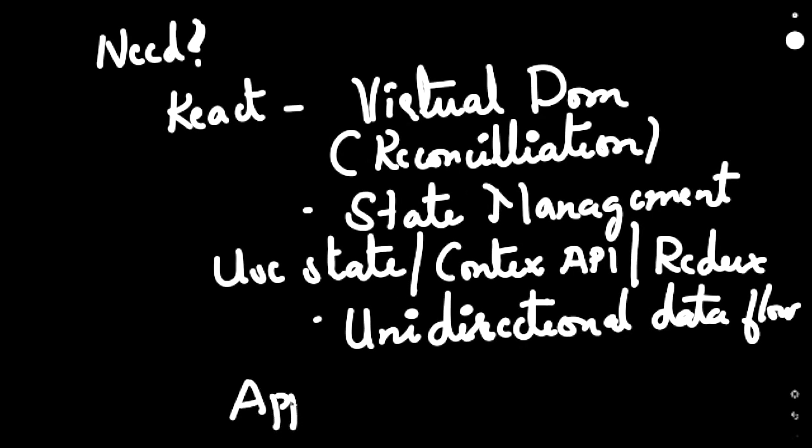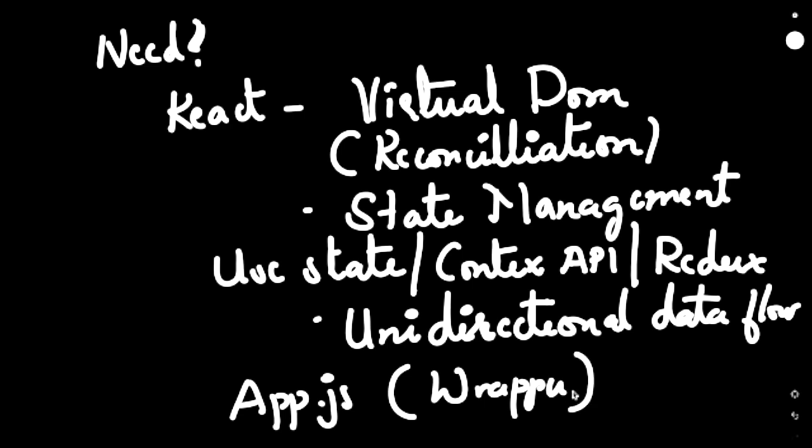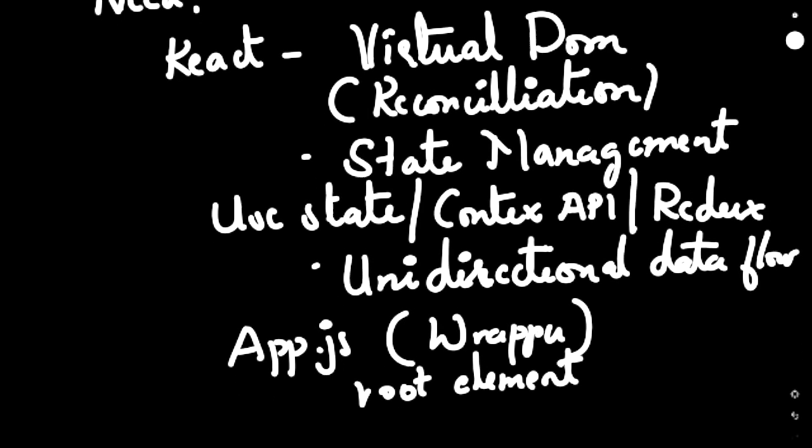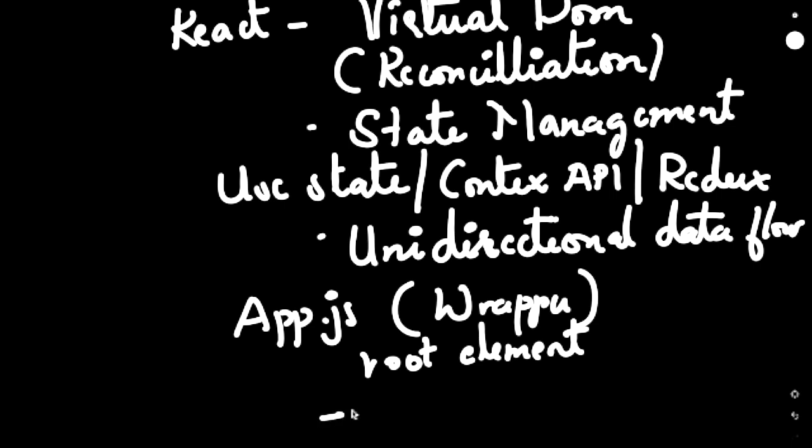React.js had an app.js file which acted as a wrapper element and passed components into the index.html. React.js followed JSX syntax, that is, it allowed you to write HTML inside JavaScript.